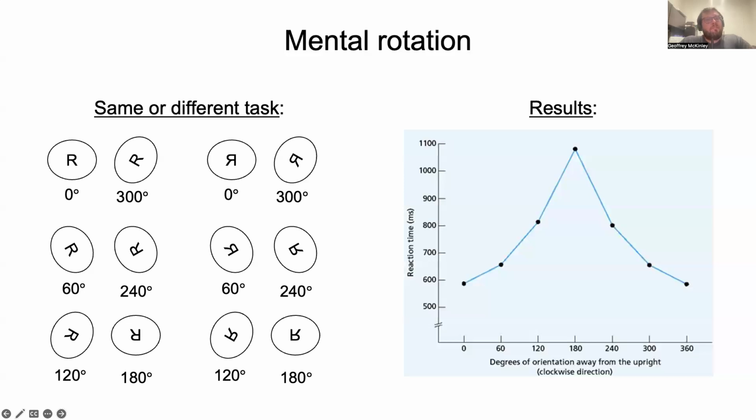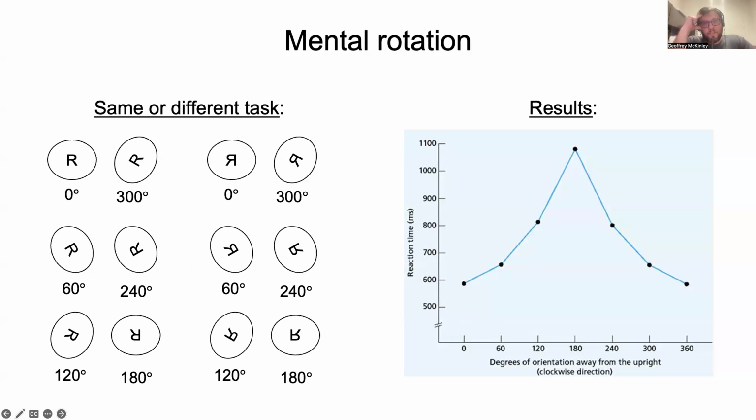And what they found was that if the two stimuli were 0 degrees rotated from each other, so one of them was 0 degrees and the other was 0 degrees, it would be pretty easy to tell that they're the same.